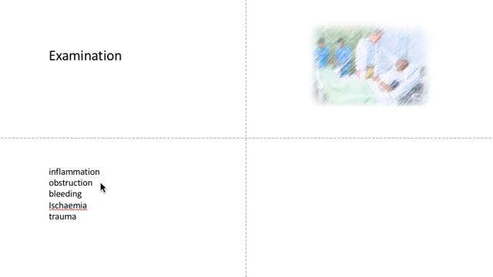So in obstruction, tenderness that does not come soon but comes later is a sign of strangulation. It's getting ischemic, and it tells you that very urgent exploration may be necessary. Bleeding, again, there will be some form of tenderness.